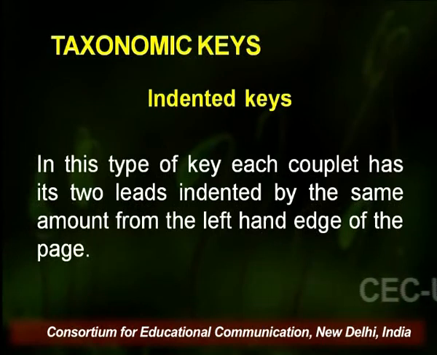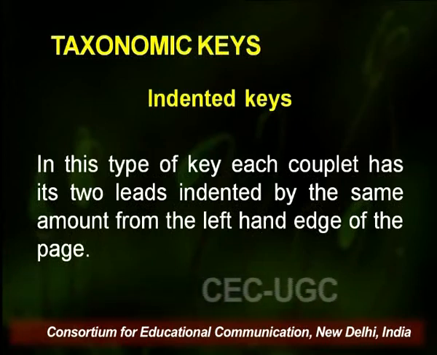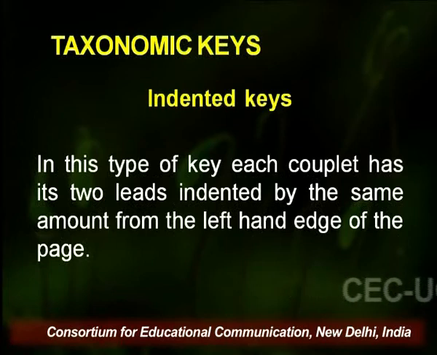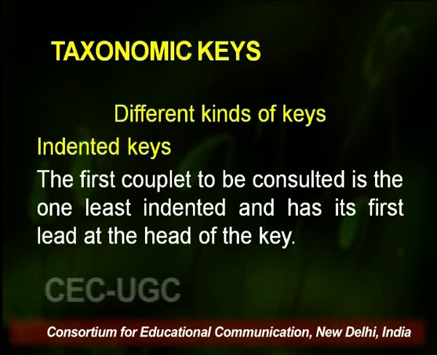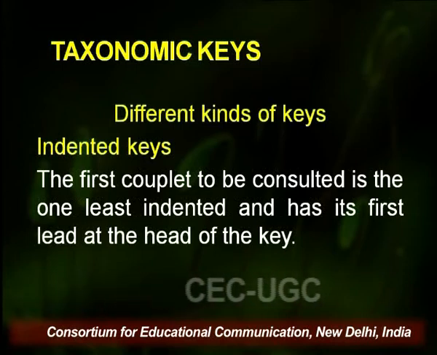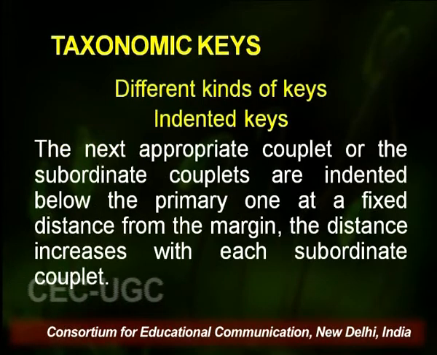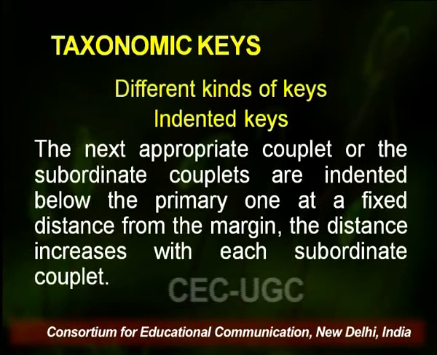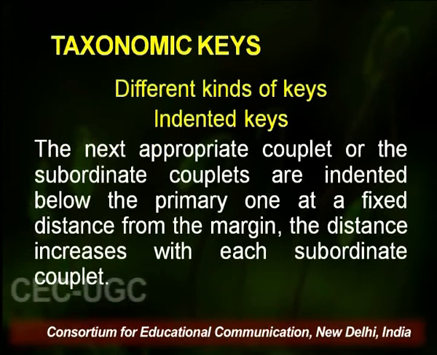In this type of key, each couplet has its two leads indented by the same amount from the left hand edge of the page. The first couplet to be consulted is the one which is least indented and has the first lead at the head of the key, and the next appropriate couplets, the subordinate couplets, are indented below the primary one at a fixed distance from the margin.